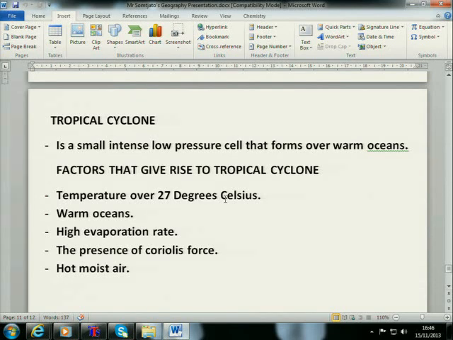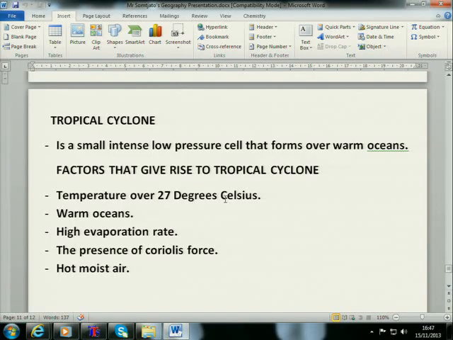Let us start again. Factors that give rise to tropical cyclones, that make it easy for them to develop. Without those factors, we cannot talk about a tropical cyclone. One, the temperatures must be over 27 degrees Celsius. Two, the oceans must be warm.